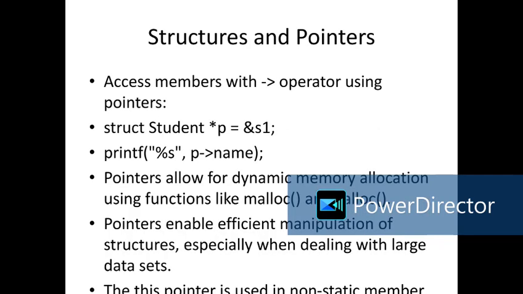Structures and pointers. Pointers make structures more powerful, especially when dealing with dynamic memory or functions. Create a pointer: struct student *p = &s1. Access members using the arrow operator: p->id = 101; printf("%d", p->id). p->id is short for (*p).id.